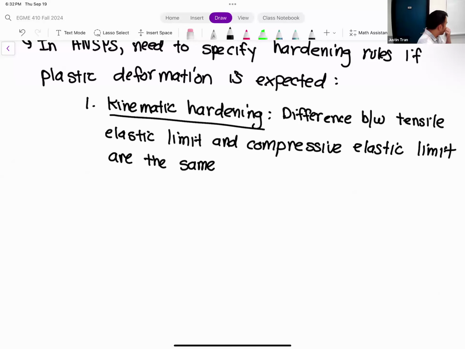And so basically what this means is that if you're hardening in one direction, so let's say that you gain some tensile strength, right? That means that's going to weaken your compressive strength.